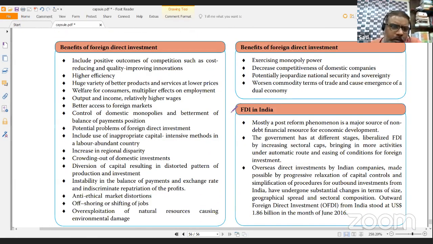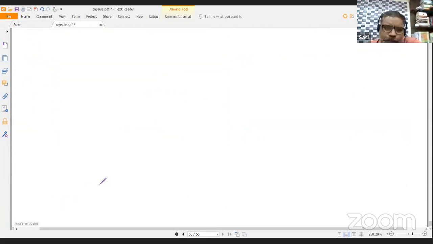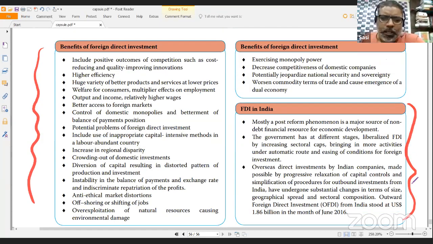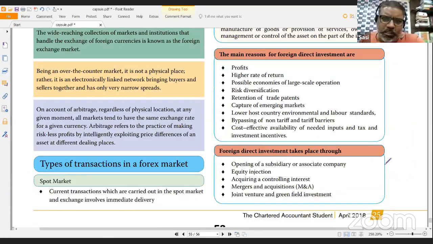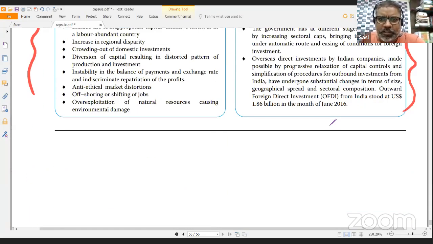At a broader level, you should be able to explain some of the benefits of FDI and benefits of FII, and in the Indian context, understand the differences between FDI and FII or FPI, and the advantages and disadvantages of those items. That is the other aspect within the topic of international trade.